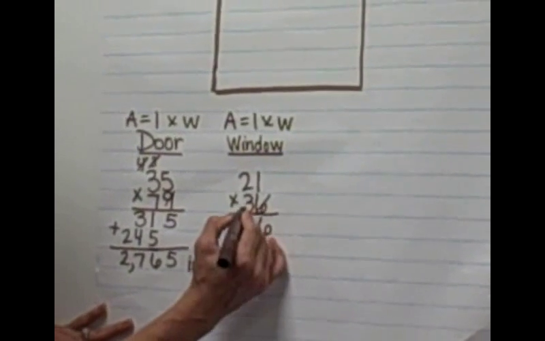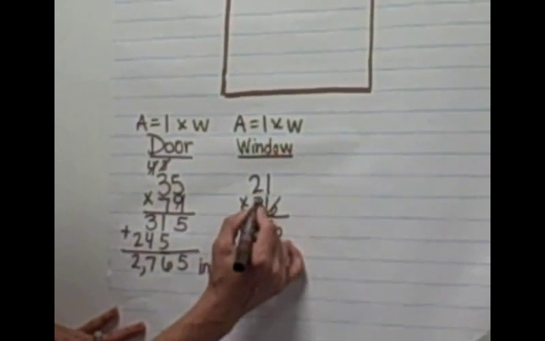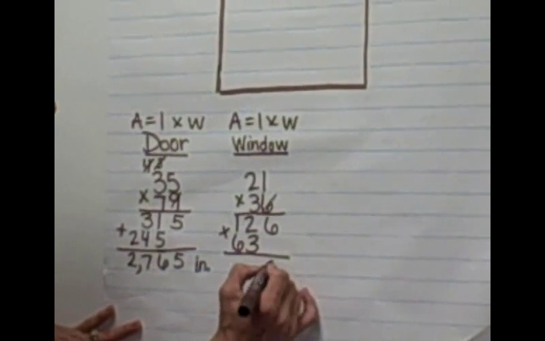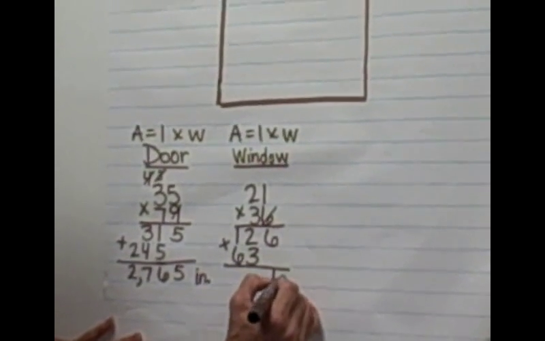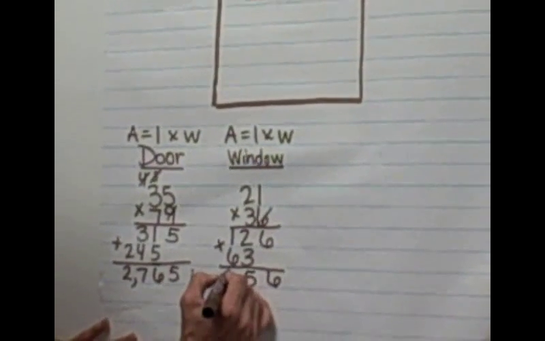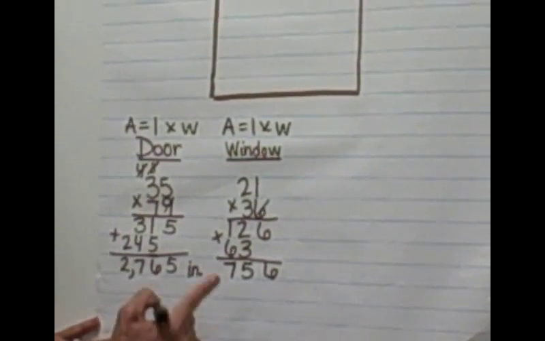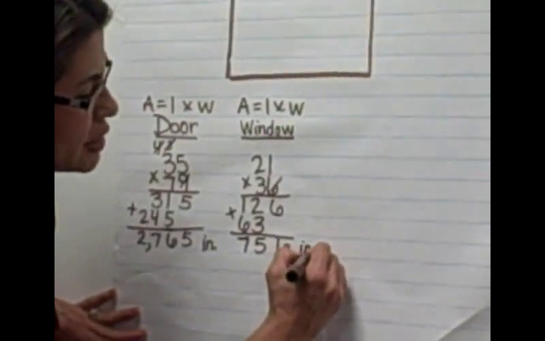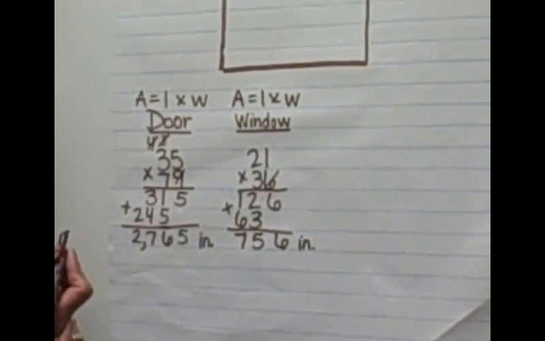Moving on to the 3. 3 times 1 is 3. 3 times 2 is 6. Now we're going to add those together. 6 by itself is 6. 3 plus 2 is 5, and 6 plus 1 is 7. So the area of the window is 756 inches.